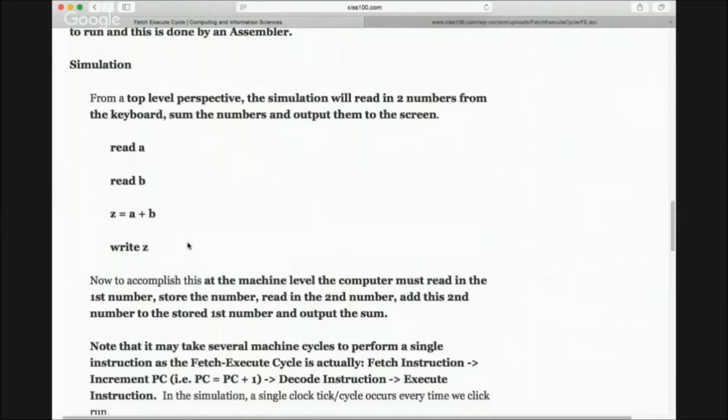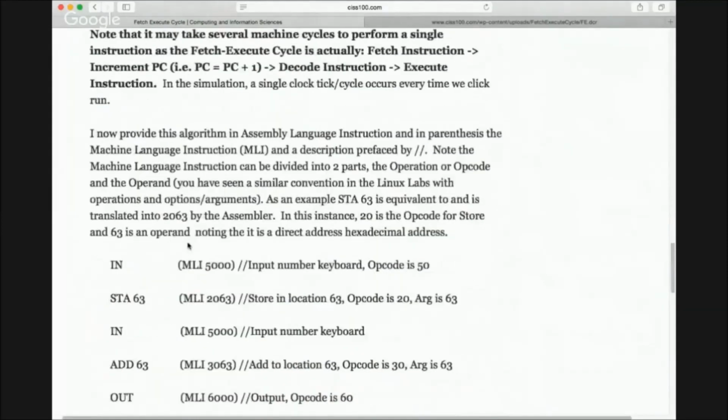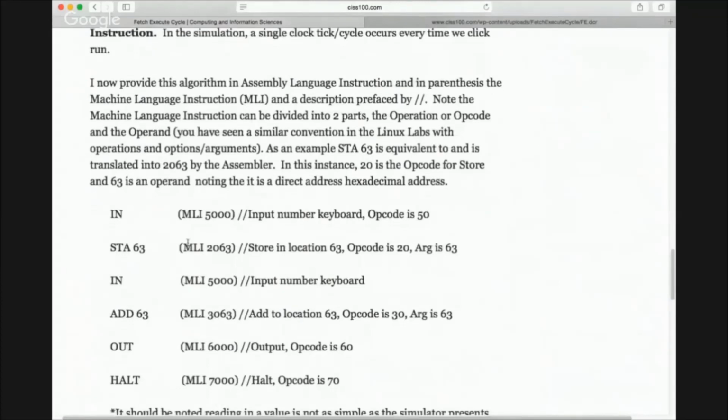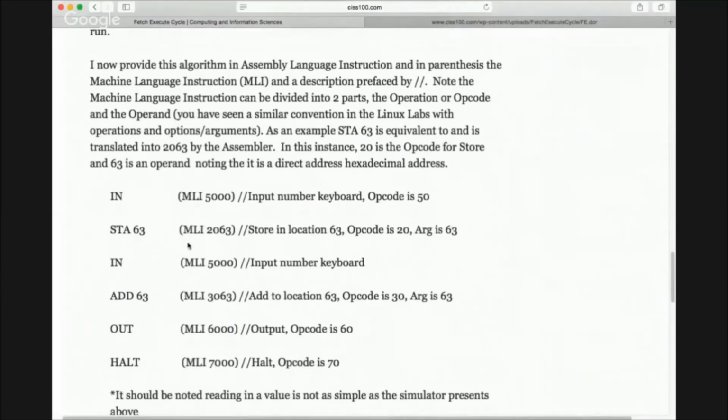Now let's take a look at what it would be in assembly language, and specifically, again, this is register transfer logic. Register transfer logic is essentially a generic assembly language. So what did I do? I read A, I read B, I added A and B and stored it in Z, and wrote out Z. In assembly language, I'm going to read something in.